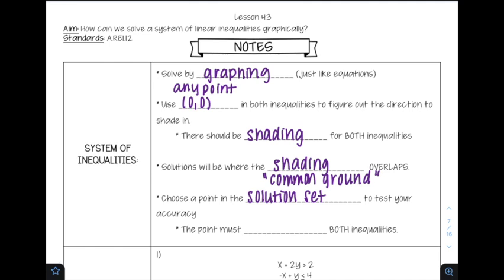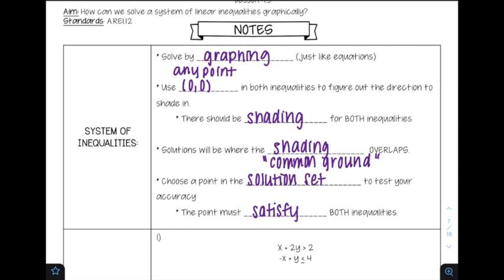So any point within that overlapping of both of their shadings must satisfy both of the inequalities, basically making both inequality statements true, kind of like what we've been doing when we've been testing which direction to shade in for just a regular inequality or just one inequality. So again, that point must satisfy both inequalities. So it's going to make both inequalities true.